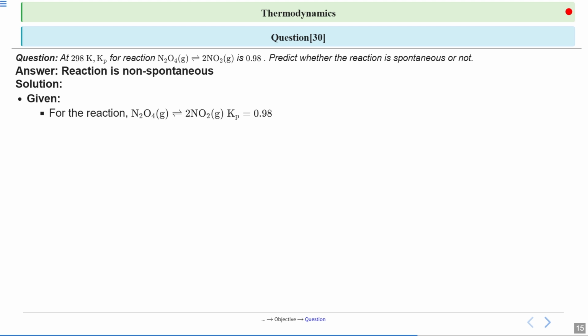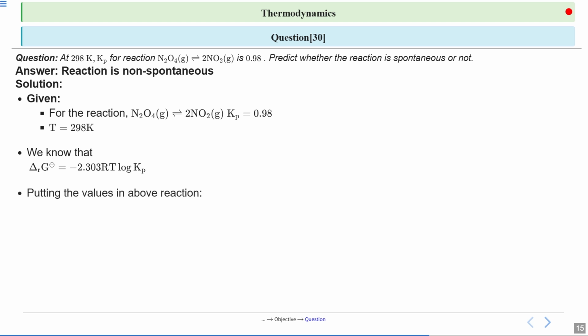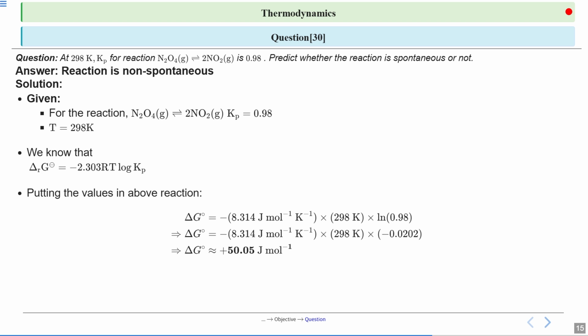Now for the given reaction, which is the dissociation of N2O4, the Kp value is given as 0.98, and the temperature is mentioned as 298 Kelvin. From the formula delta G naught equals minus 2.303 RT log Kp, we can calculate the value of delta G. We have done the same.